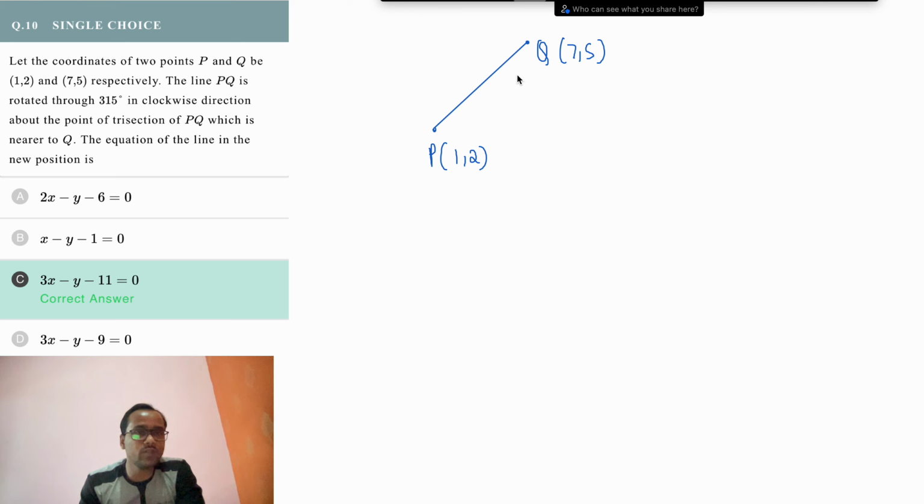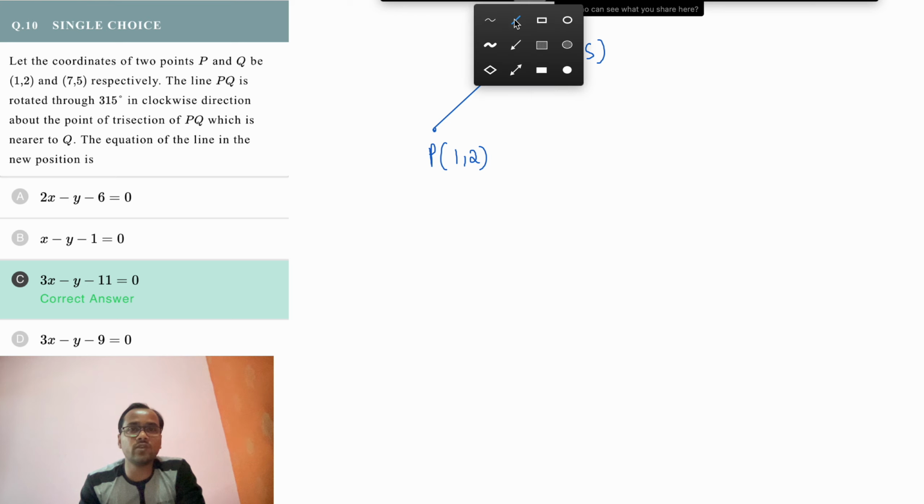The line PQ is rotated through 315 degrees in the clockwise direction, about the point of trisection of PQ which is nearer to Q. Trisection means, let's say this is point R, which is dividing PQ in the ratio 2:1.